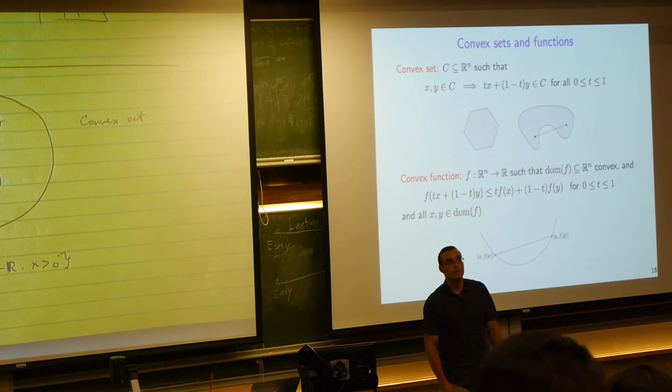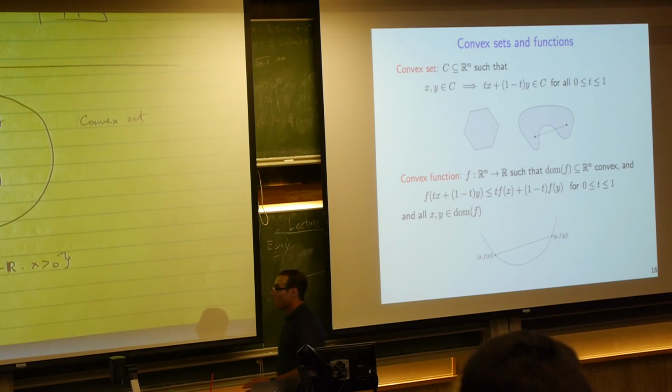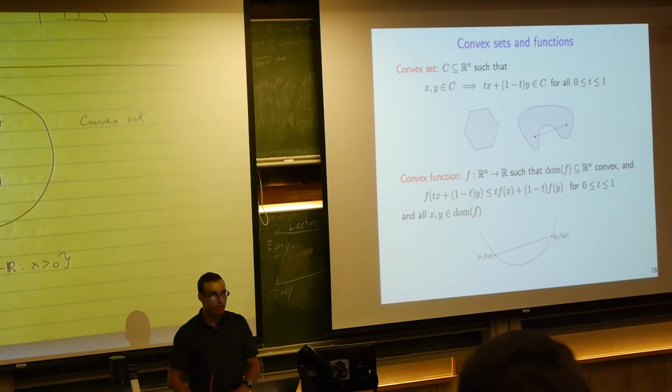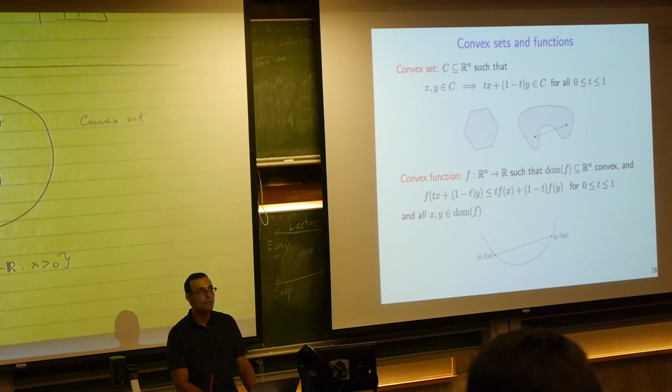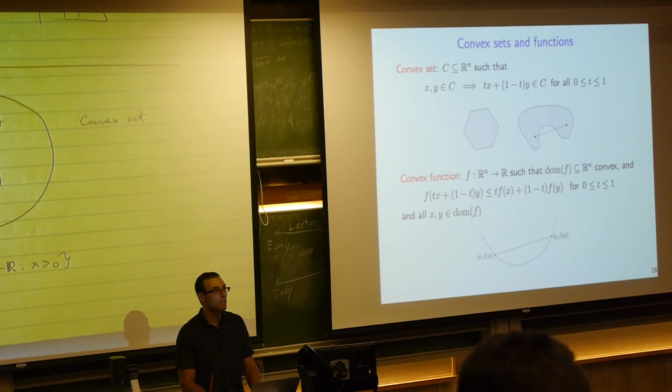So that's the definition of a convex function. As we're going to see next time, these two definitions are very closely aligned. So if all you knew was convex sets, I could teach you all about convex functions. They're not really separate cases. That's what we'll see next time.